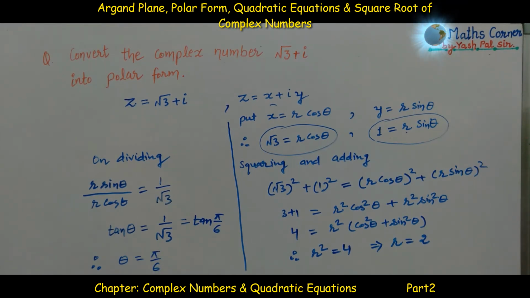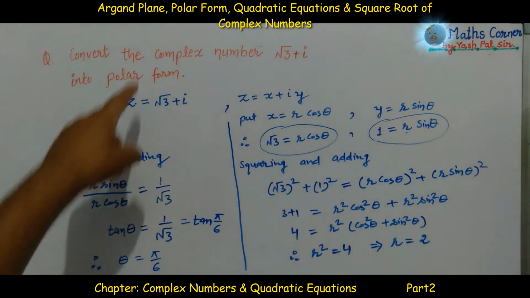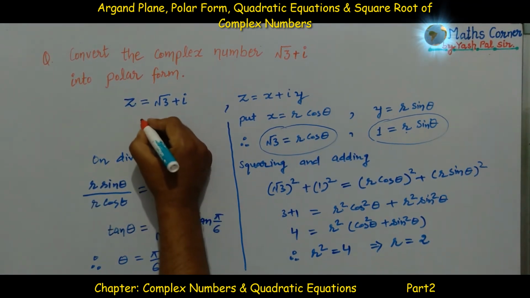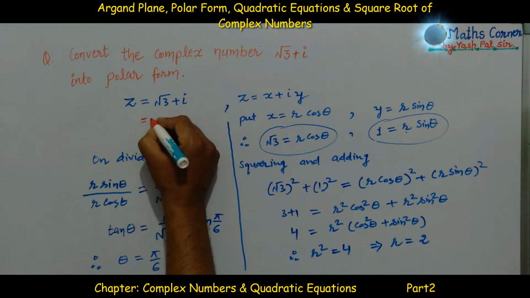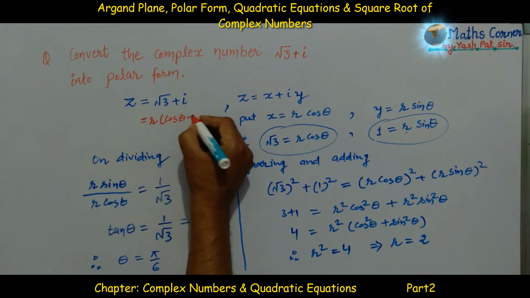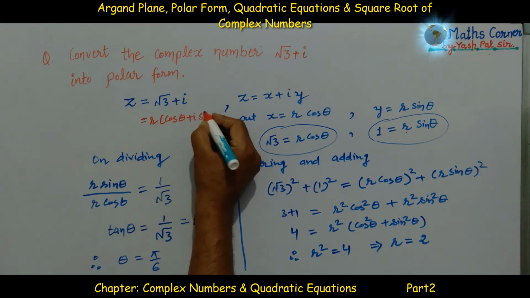Now theta, the argument of z, is obtained, and r, the modulus of z, the given complex number, is obtained. So what is the complex number in polar form now? In polar form, we write z is equal to r into cos theta plus iota sin theta.